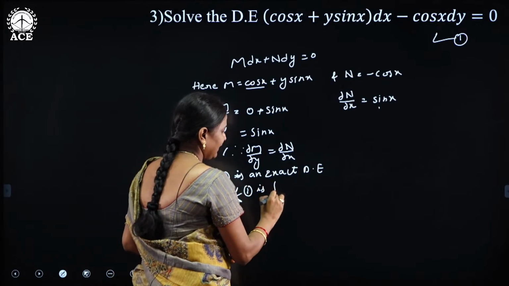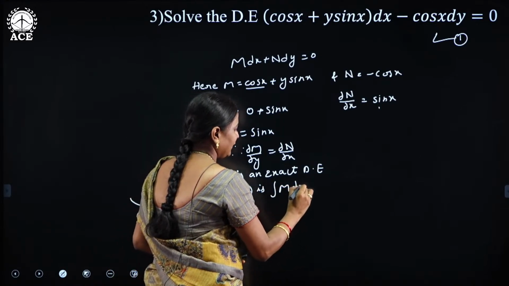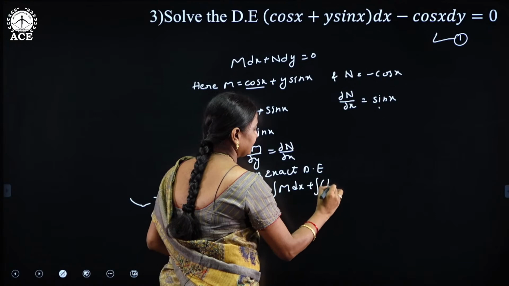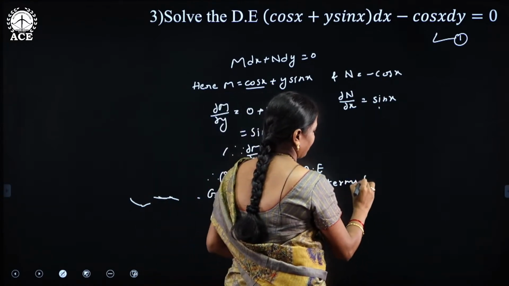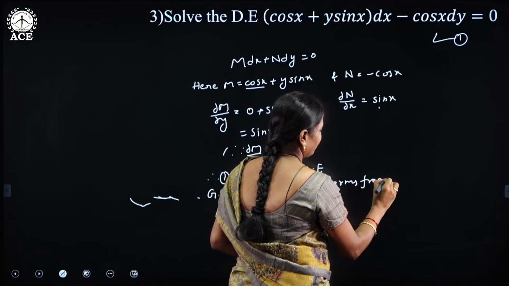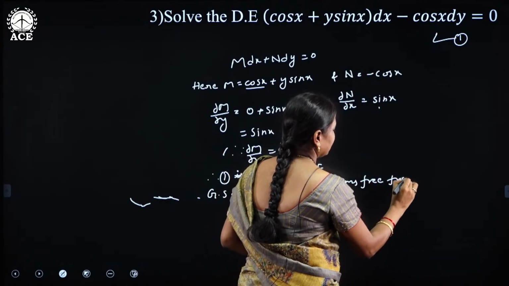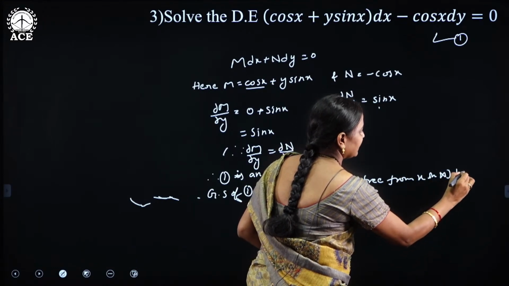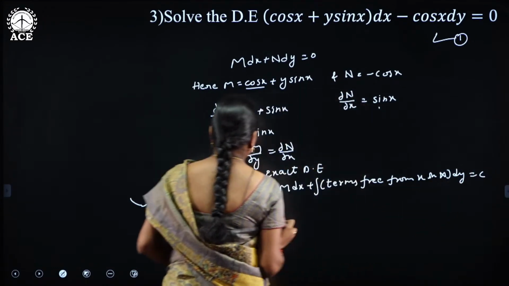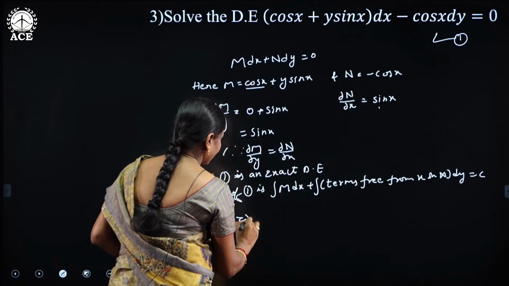So what is the formula? Integration of M dx plus integral of terms free from x in N into dy is equal to c. So here, what are the terms of M?